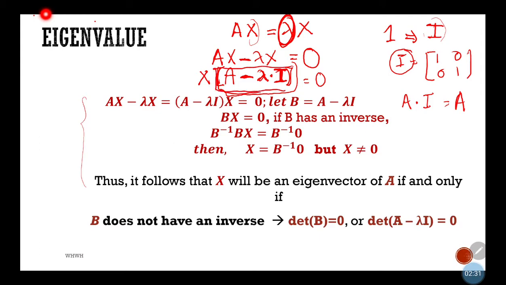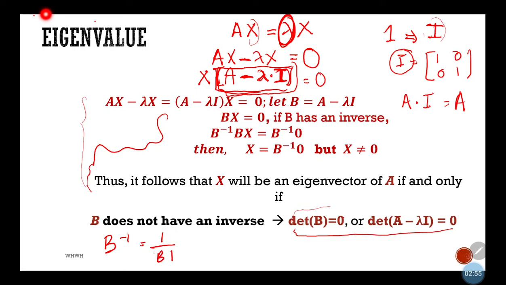So from here, actually there are some derivation parts. You can have a look on your own later how we come to this conclusion. We know B does not have an inverse, meaning the determinant of B is equal to zero, right? Because to find the inverse of B, it is 1 over the determinant of B multiplied by the transpose of the cofactors Cij.